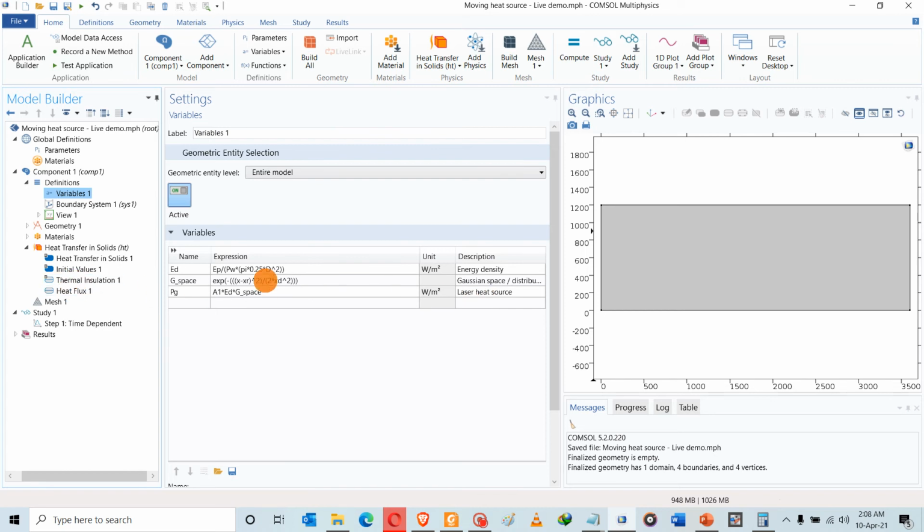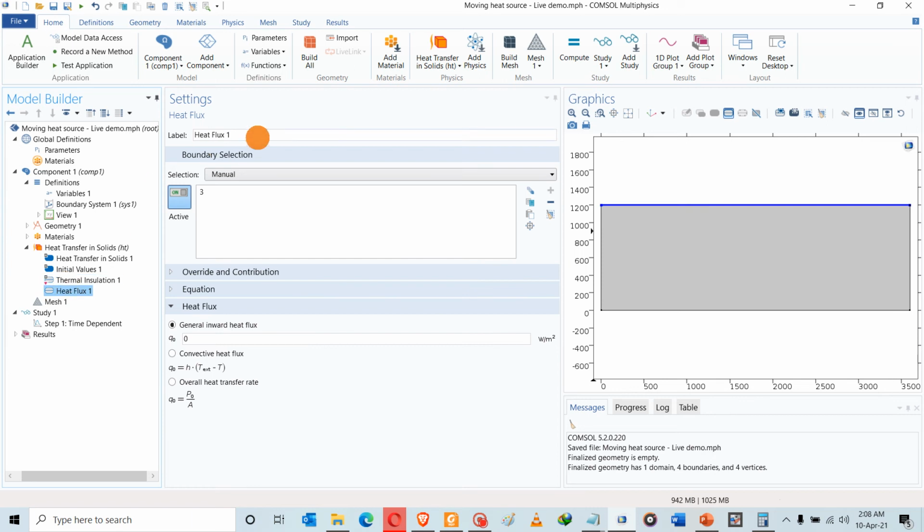So I'm going to rename this heat flux, copy, laser heat source. And then the general inward heat flux, I'm going to write PG, the Gaussian laser pulse. Okay?